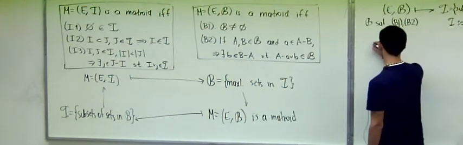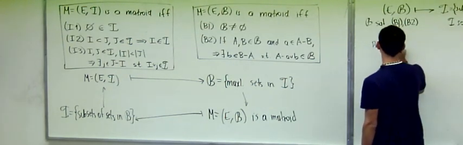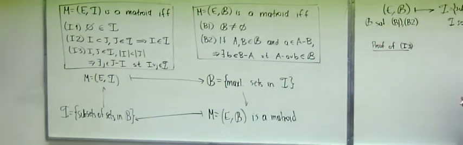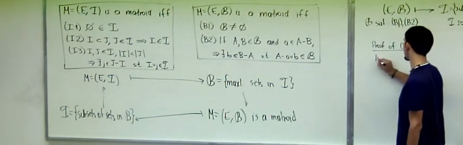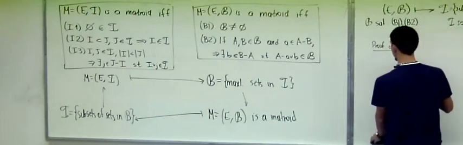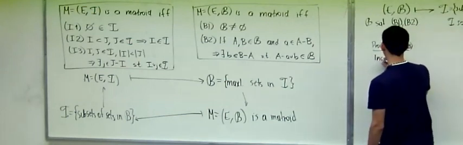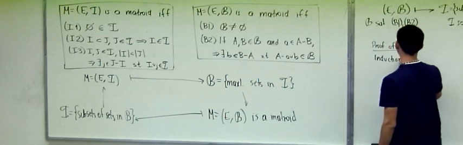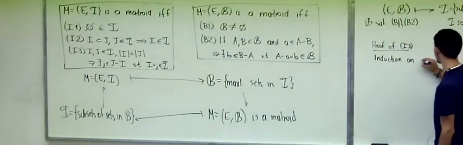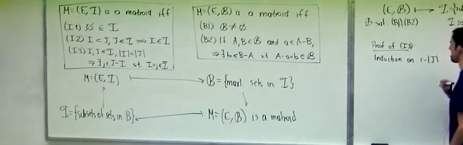So to prove I3, we were proving basically that statement. And we were taking induction on r minus j. That's what we were doing.